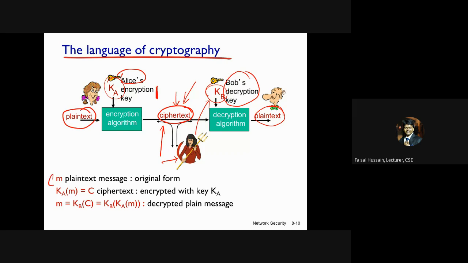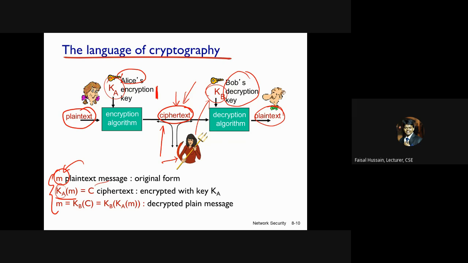This is written in this way: there is a plain text message represented by M. Whenever you say that you are encrypting it, the notation is KA of M. You can assume it is a kind of function: the encryption algorithm takes a KA value, so that's why you write KA with M in brackets.